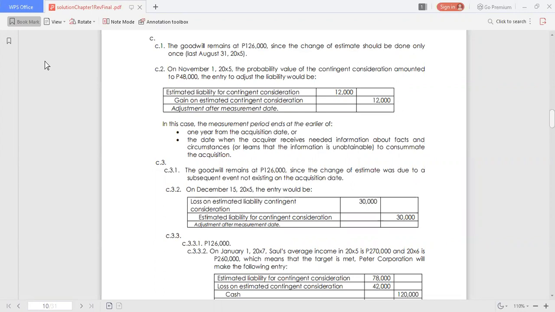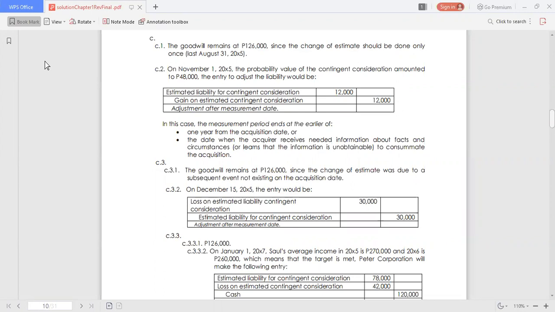In C3.2, prepare the required entry to reflect the adjustment. So debit loss on estimated liability for contingent consideration of 30,000, that's 78,000 minus 48,000. So we have a loss of 30,000 and credit estimated liability for contingent consideration.